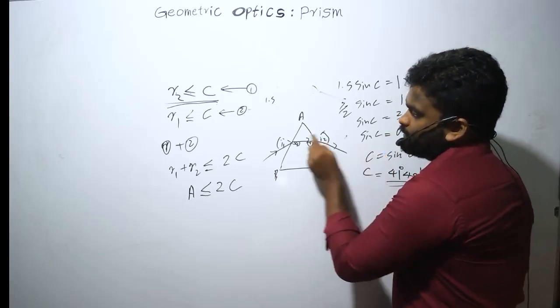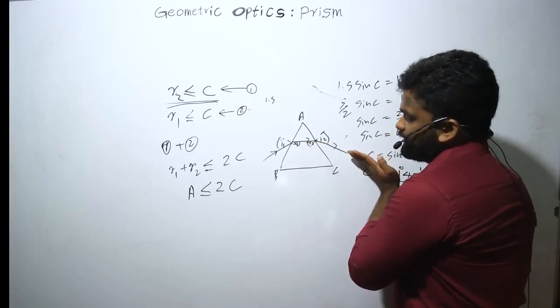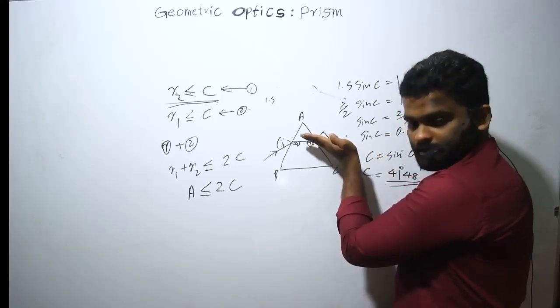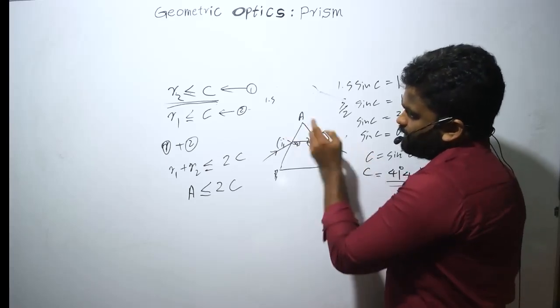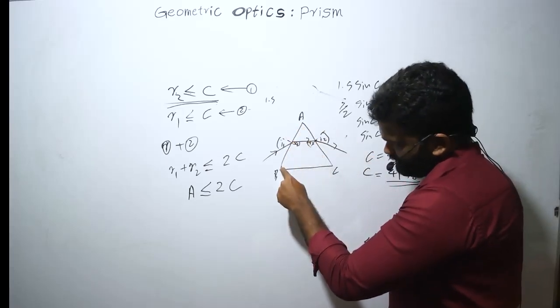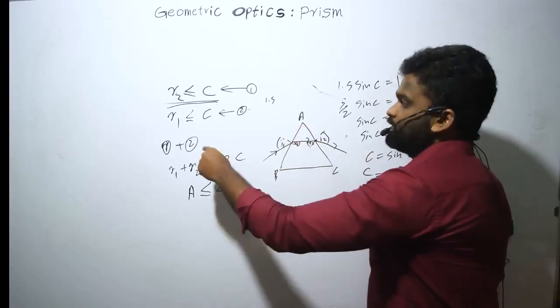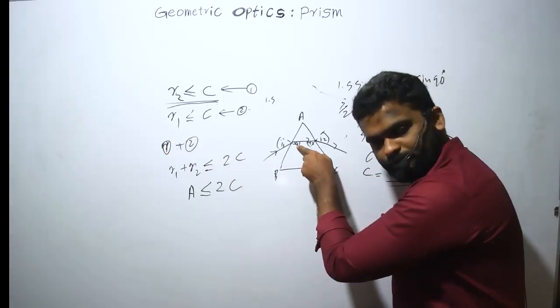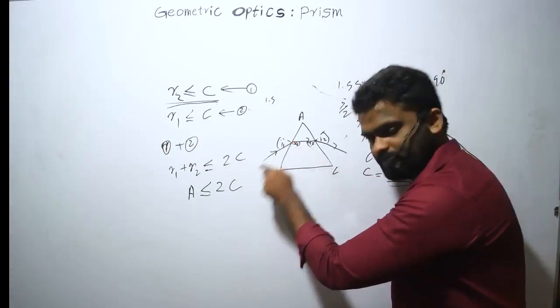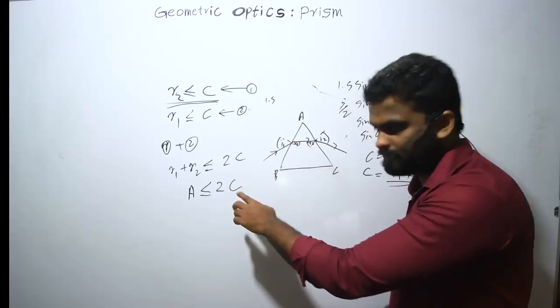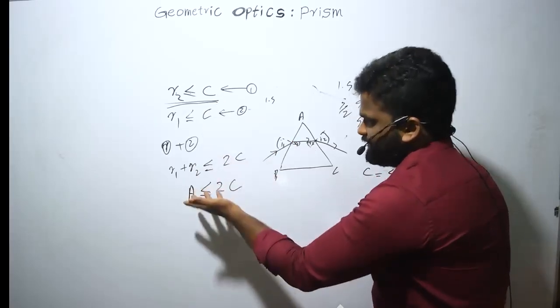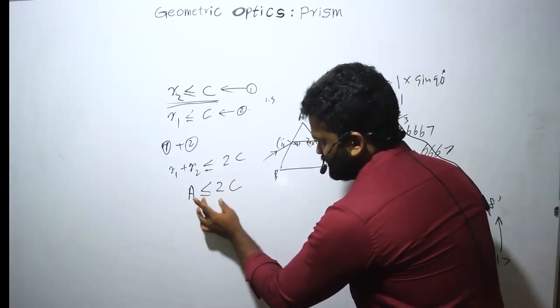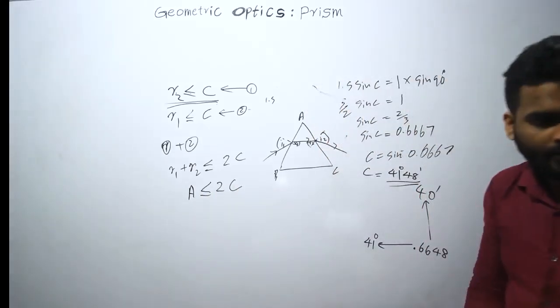Then you send the ray like this from this side. To emerge from this AB side, what is the requirement? R1, this is R1, right? It should be less than the critical angle, otherwise it won't emerge, right? Then I just add that and prove that A should be less than 2C, right?